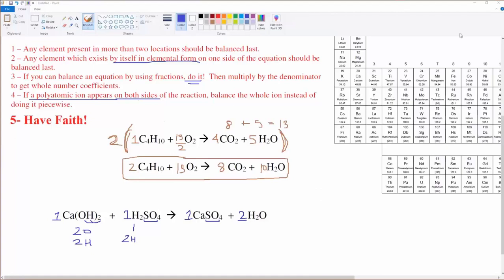All right, so let's practice a few more here. So in your worksheet for chemical equations, you've got, let's see, section 1 is just a million reactions I'm asking you to balance.